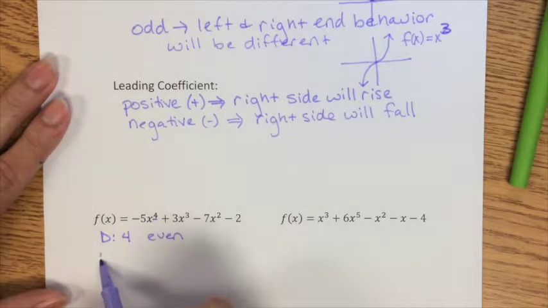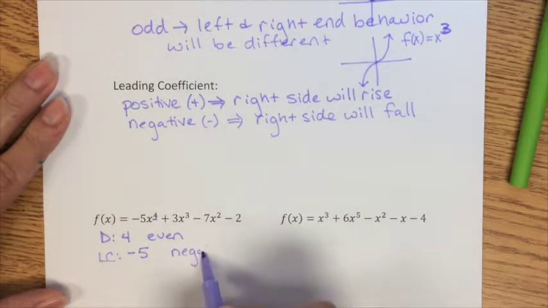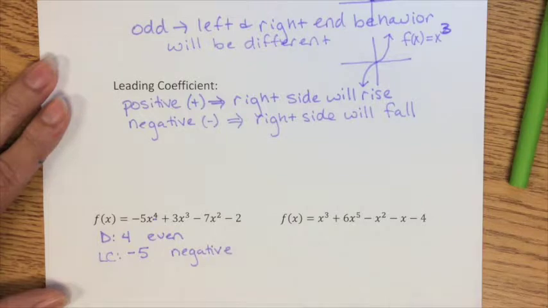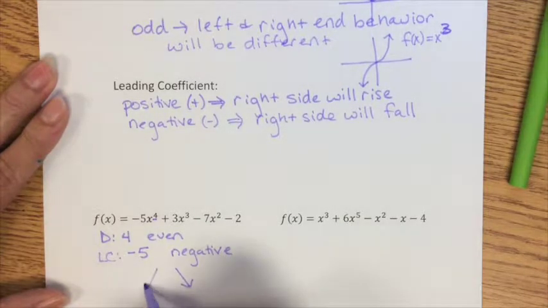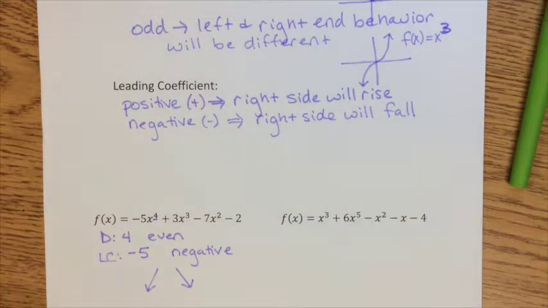And my leading coefficient is -5, which is negative. So the leading coefficient tells me my right side will fall. And because the degree is even, I know both sides will do the same. So the end behavior should fall on both sides.